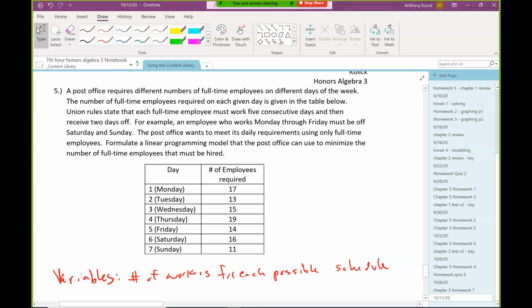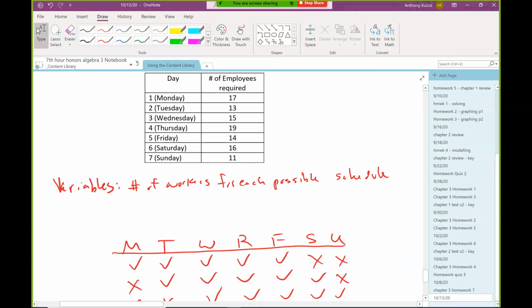But with that requirement, we have just 7 possible schedules. Everybody agree with that? So the variables I'm going to name are just going to be S1, S2, S3, all the way out to S7. That's what I'm going to name them anyways. You could name them something else if you wanted, but good with that.